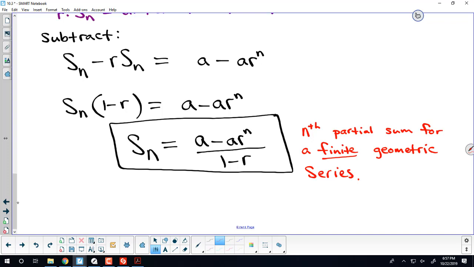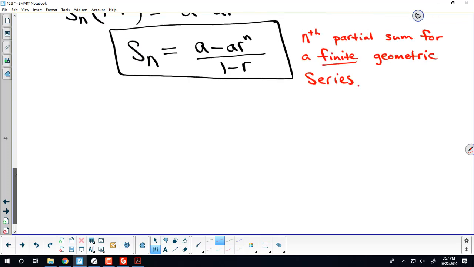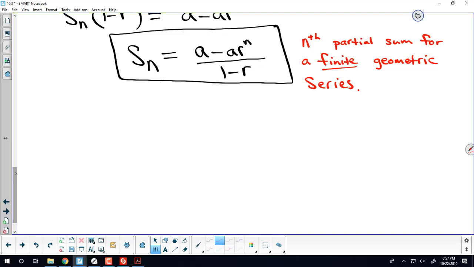If you remember from our previous section, the way we're going to view that is that the sum from k equals 0 to infinity of a times r to the k is equivalent to the limit as n approaches infinity of the nth partial sum.